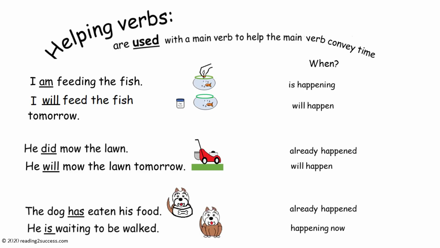Will mow means will happen. It will be done tomorrow. And our third set of sentences, the dog has eaten his food. So it's already happened. And in the sentence, he is waiting to be walked. It is happening now. He is waiting.